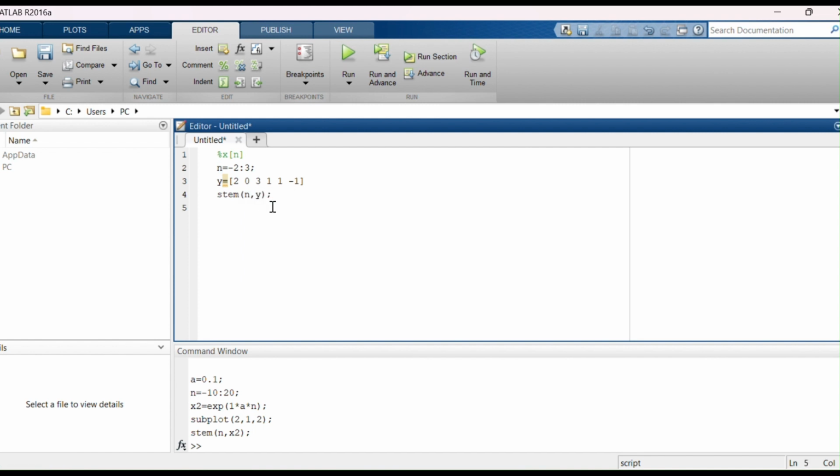Okay. Axis, as we said before, minimum n, maximum n, minimum y times 1.5, for example, or 1.2, or whatever you want, and maximum y times 1.5.